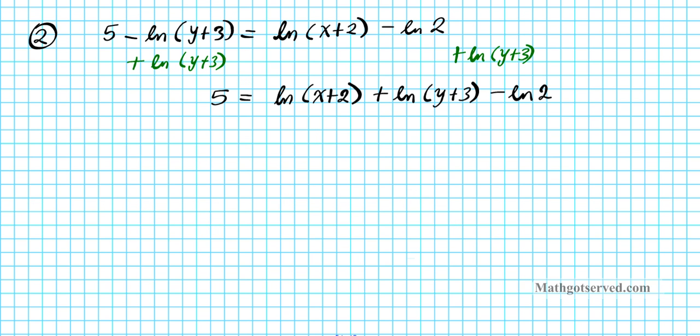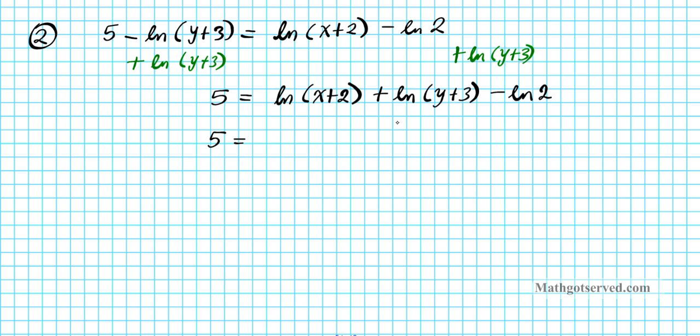Alright? Okay, now we're going to consolidate or condense these logarithmic expressions using the properties of logarithm, okay? So we know that the sum of logarithms is the same thing as the product of the arguments of the logarithmic sum, and then the difference is the same thing as a quotient.